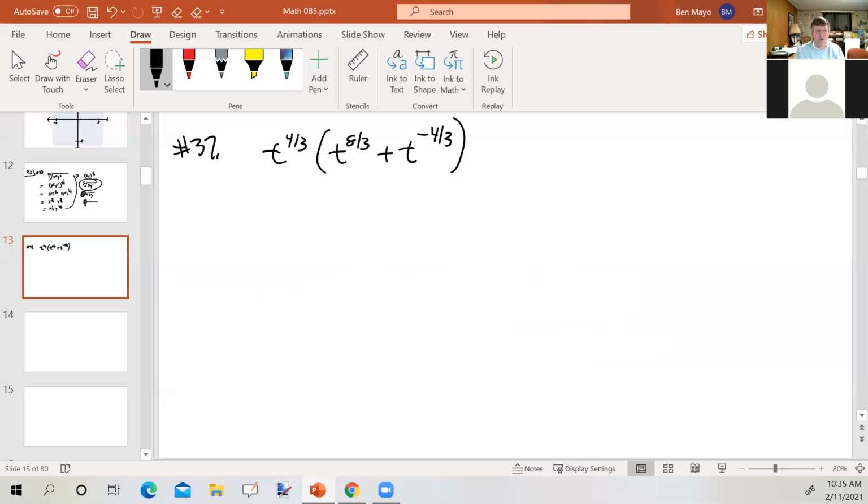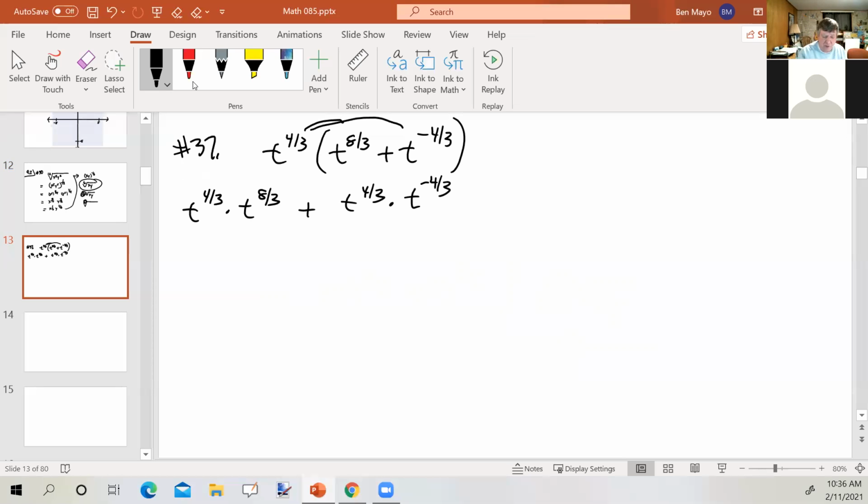So we're going to distribute the t to the 4/3 power. First of all, I'll get the product, t to the 4/3 power times t to the 8/3 power. Then plus the product, t to the 4/3 power times t to the negative 4/3 power.